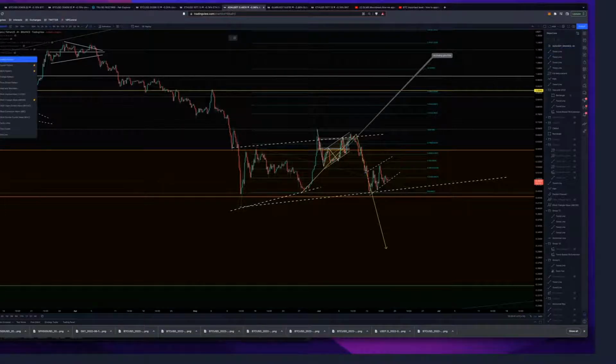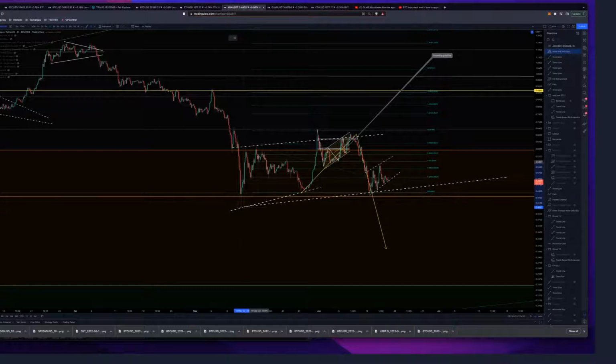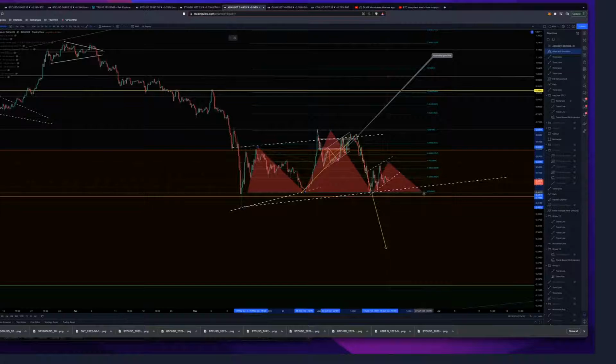And looking at that, if it gives us that chance, we see a continuation pattern, which is the head and shoulders that does it as well. So the head and shoulders is a continuation pattern, just like an ascending wedge and so on.